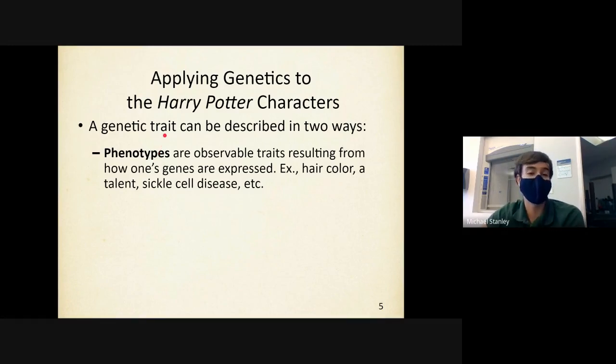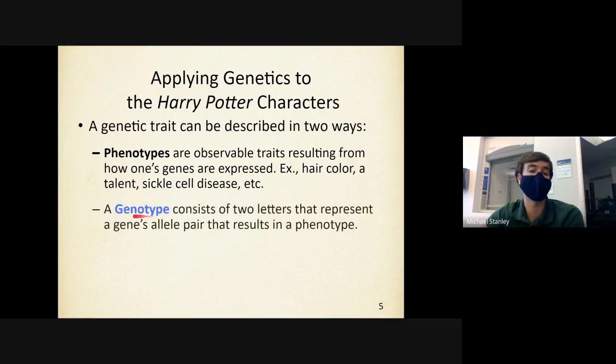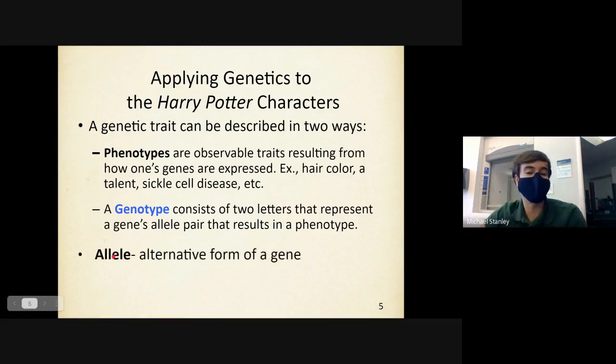The other way that you can describe a trait is through the genotype. So the genotype is the 2 letters like big B, little b, or little r, or big F, big F. Those are genotypes. And a genotype represents the allele pair of that trait. So alleles are alternate forms of a gene.